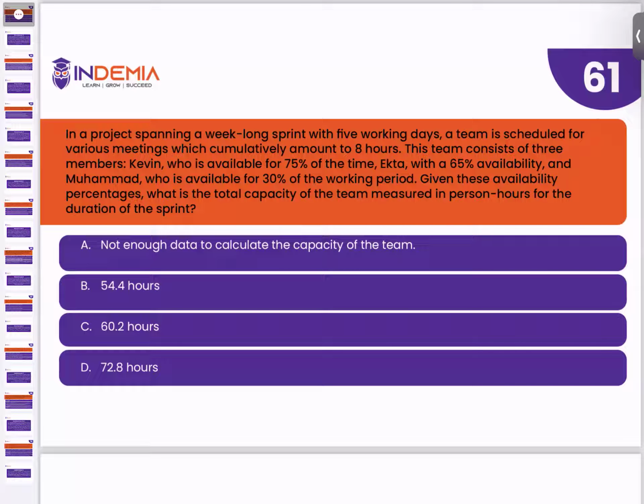The second person at 65%, I just put it as 25. And another person at 30%, it's like 15 hours or something. So roughly I came to 70. When I saw the answer, I declared 72.8, maybe the value may be different, but I took this approach.